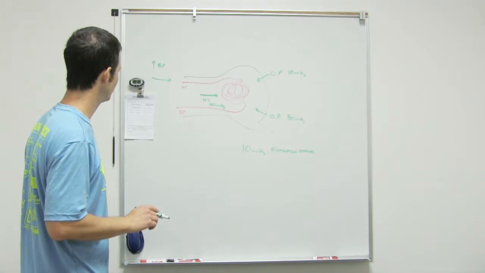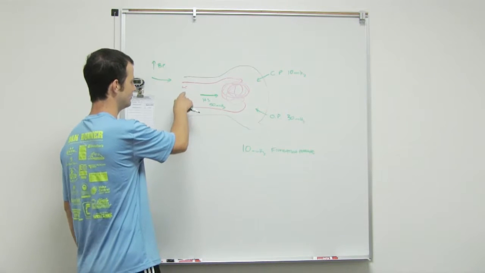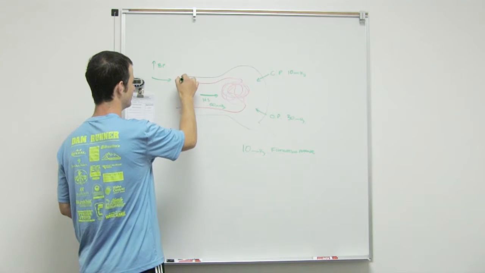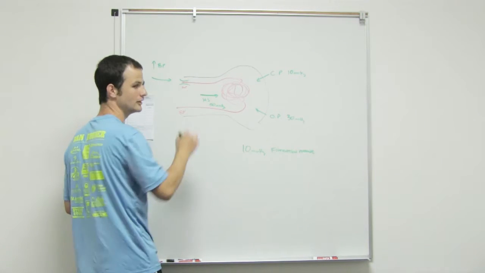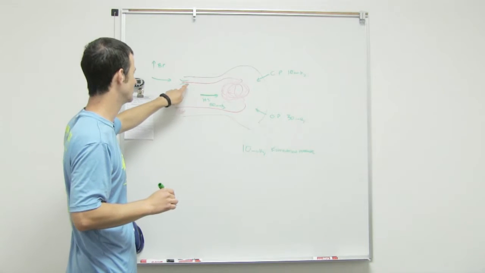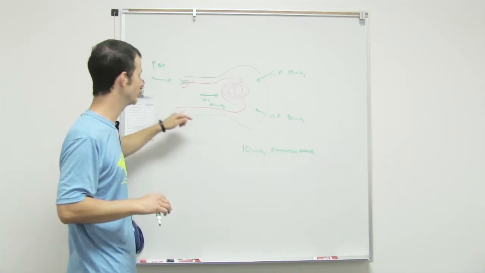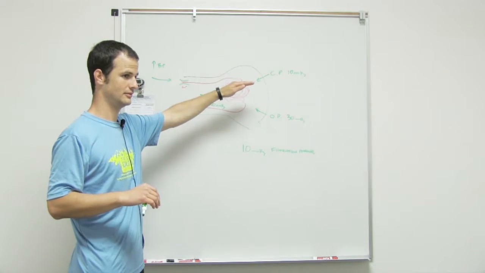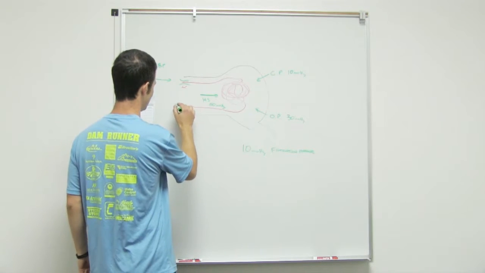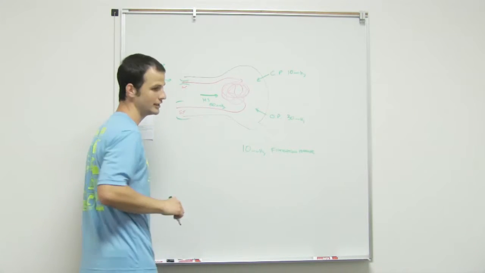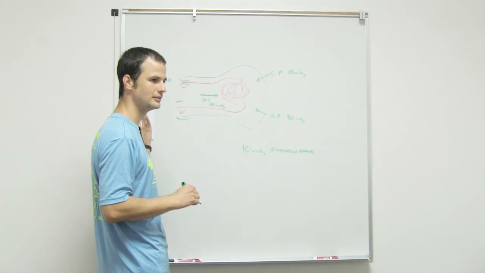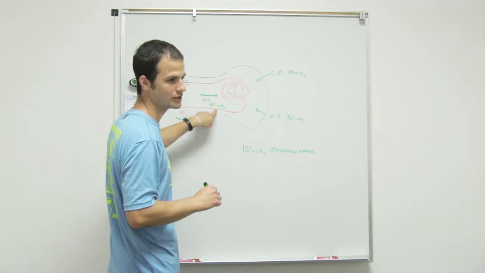What would happen is that at the afferent arteriole, you'd have constriction, so you're letting less blood into the glomerulus, because you don't want all this pressure to get in here. Another thing it'll do is cause dilation of the efferent, making it easier for blood to leave so that you can lower this pressure.